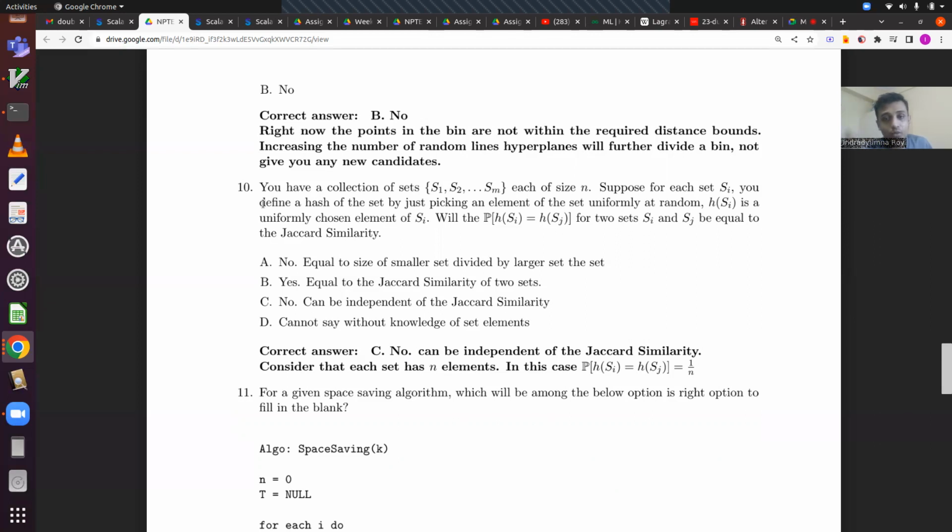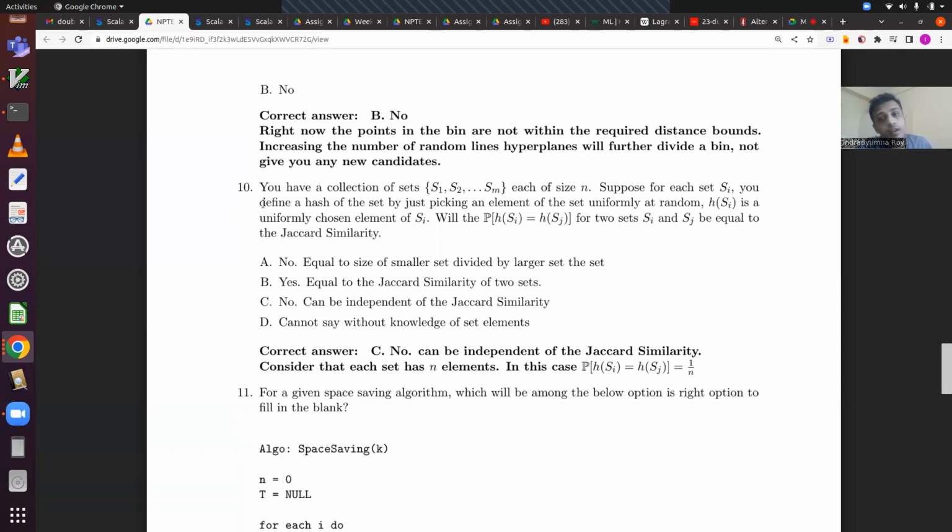Basically, if you have a set with n elements, 1 to n, and you randomly shuffle it to create a new set, the set remains the same. So the Jaccard similarity is 1, because the two sets have the exact same elements, just in different orders.